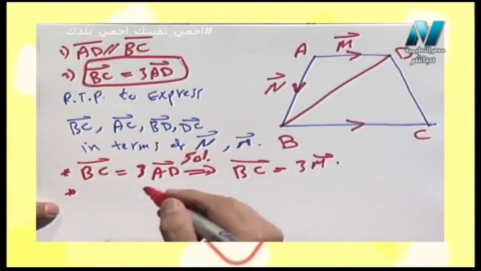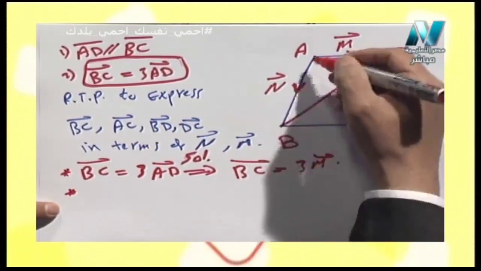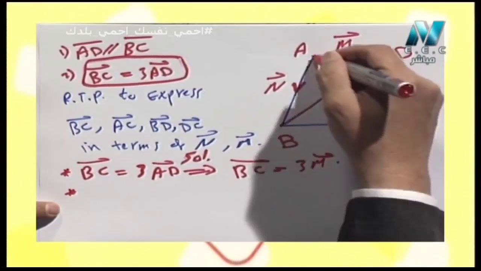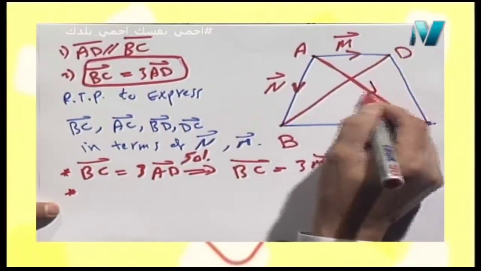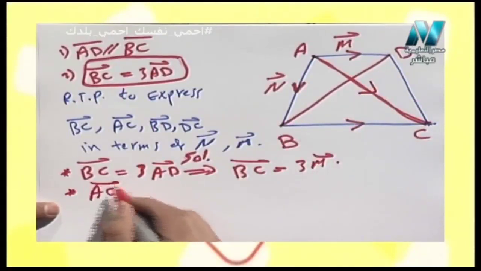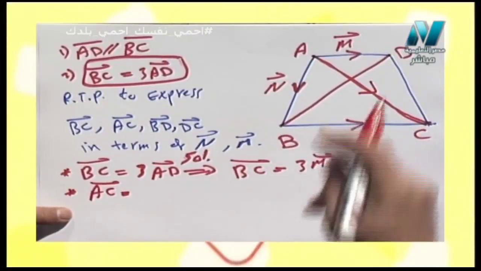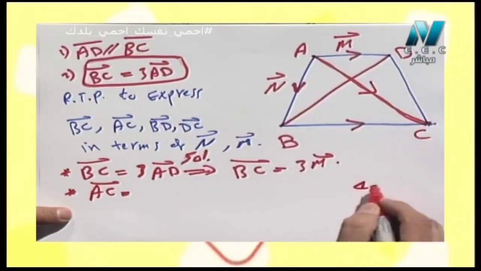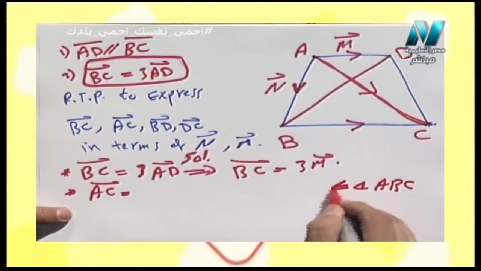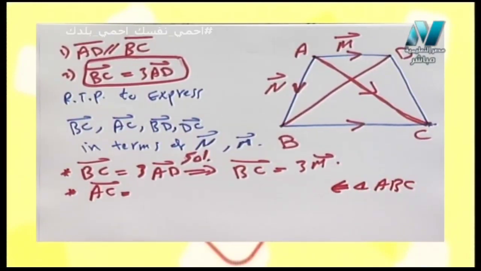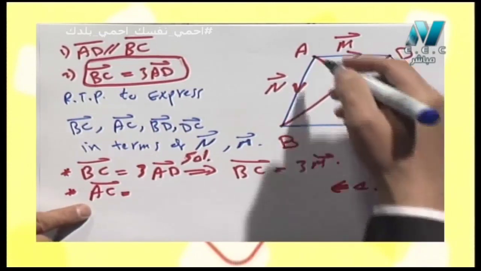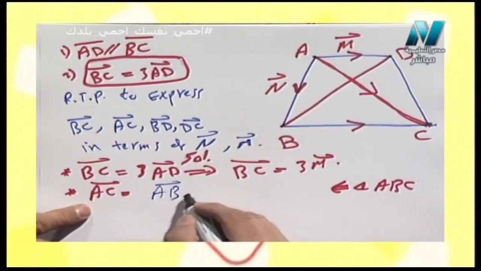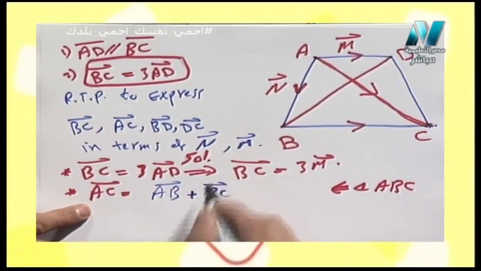The second one is AC. If we join AC here, the vector AC in triangle ABC, we will deduce what? From the triangle ABC, we have the vector AC equals AB plus BC.